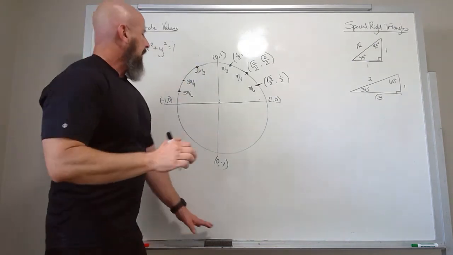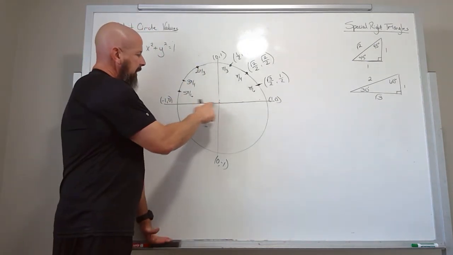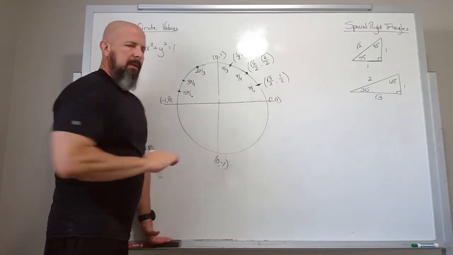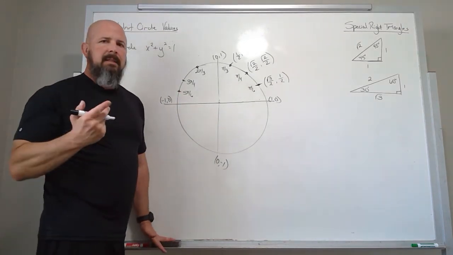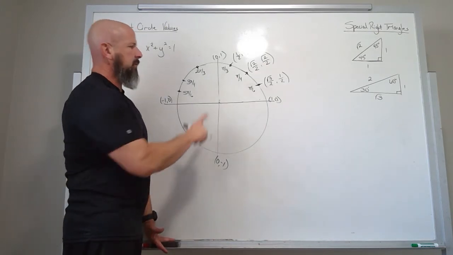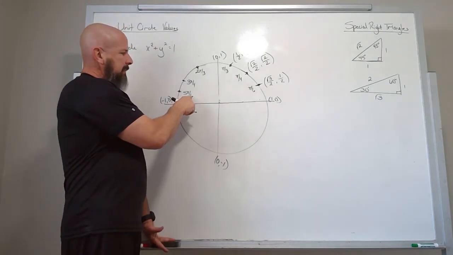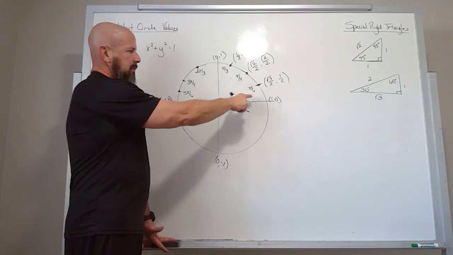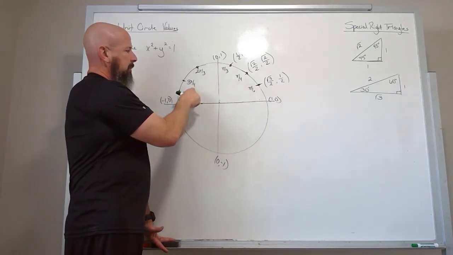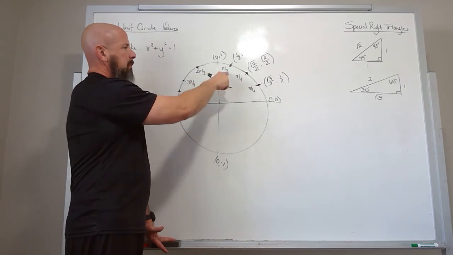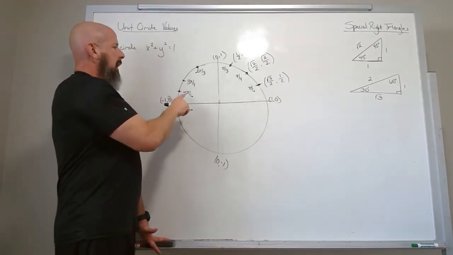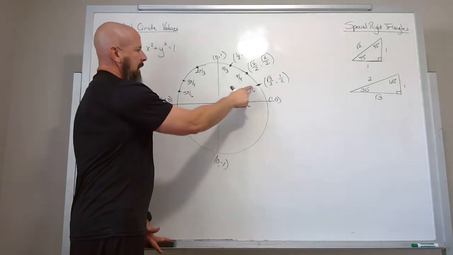Now, if I were to draw the triangles back in here like I did over in the first quadrant, they're going to look the same. Right? The key is going to be what we call a reference angle. So that pi 6, that's referring to the reference angle. Pi fourths refers to the reference angle. Pi thirds refers to the reference angle. So these guys are at the same angle.